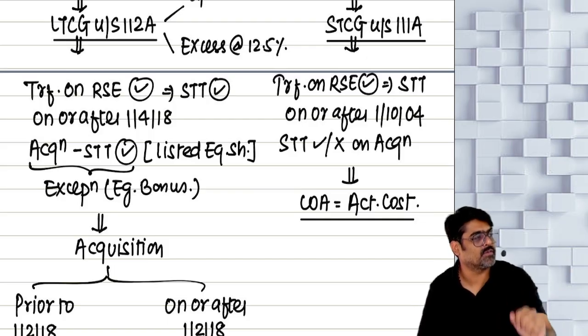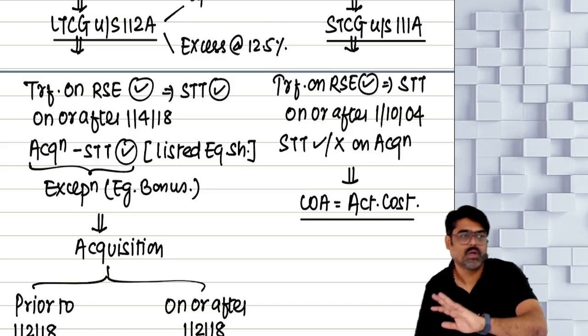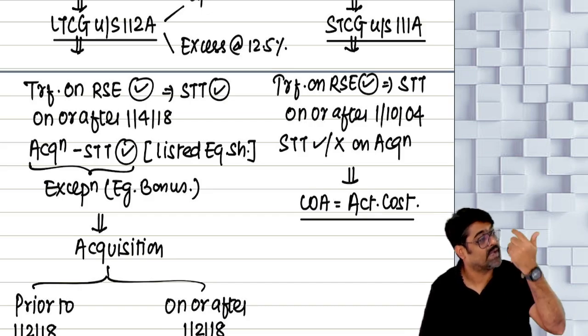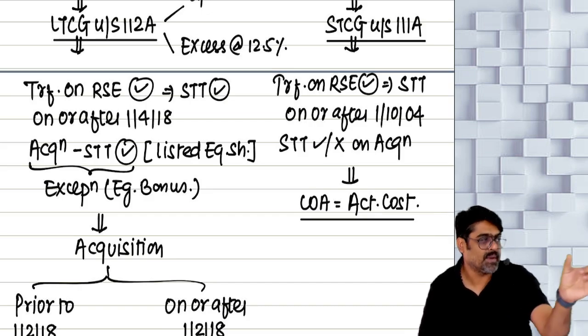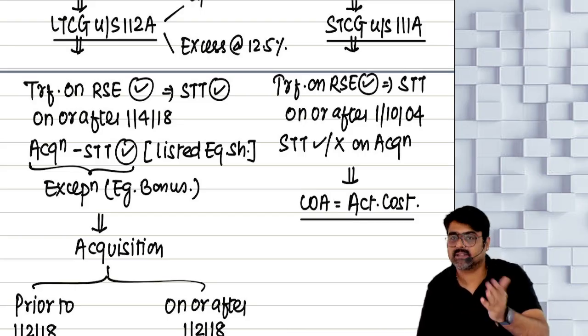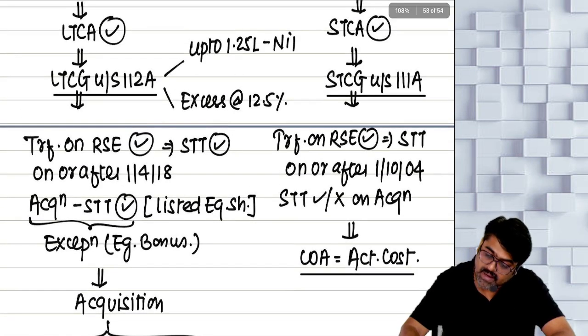Less than 12 months. So either the listed equity shares are acquired by you in the form of bonus shares or right shares, any listed equity shares. If the period of holding is less than 12 months and you are transferring through recognized stock exchange by paying STT, the STT paid short-term gain will be taxable at what rate? Flat 20%, at the rate of 20%.